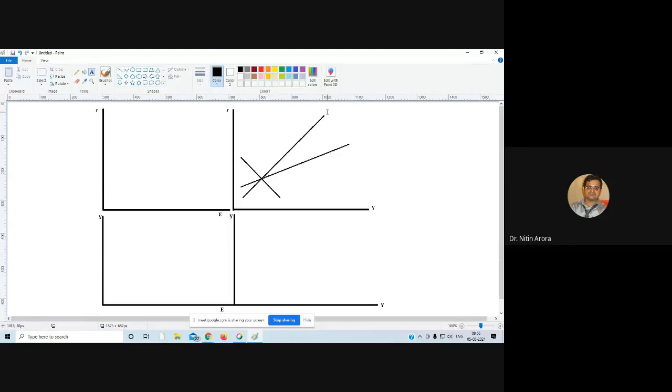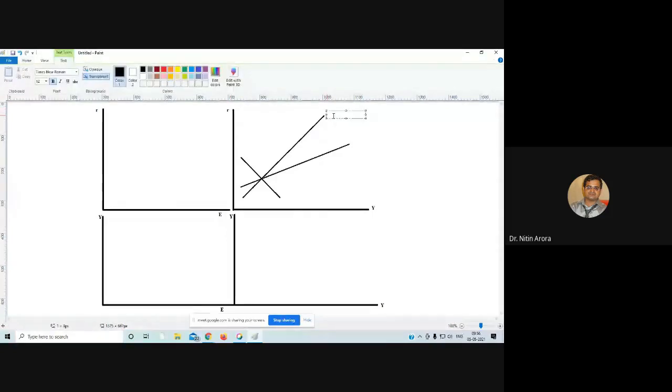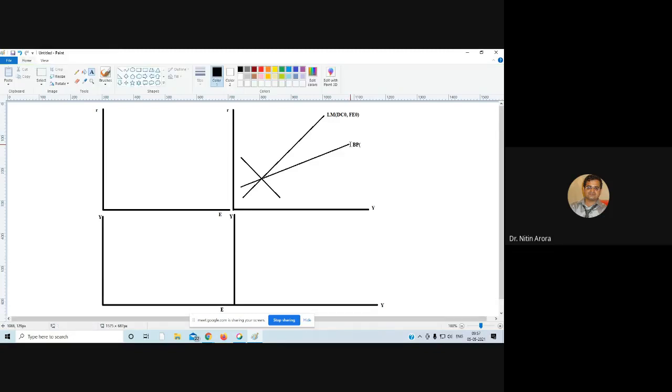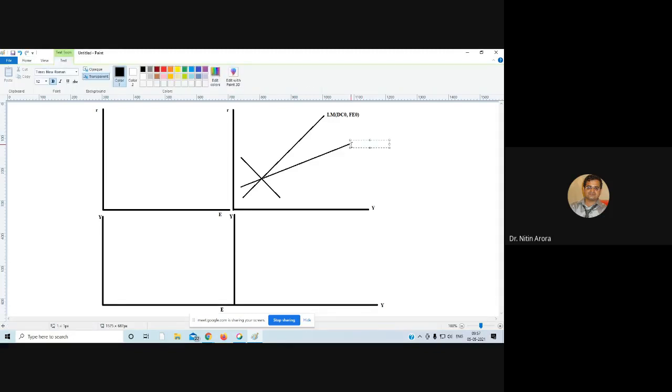Let us mark them. First of all, this is the LM curve with domestic credit DC naught and foreign exchange assets FE naught. This is the balance of payment curve BP, okay, with exchange rate E naught. BP E naught is the exchange rate that is given to us ultimately.